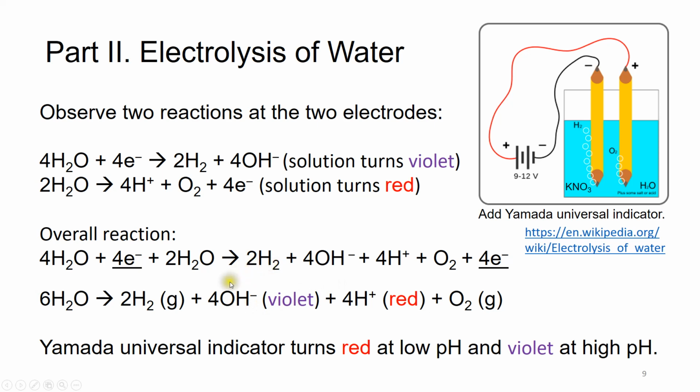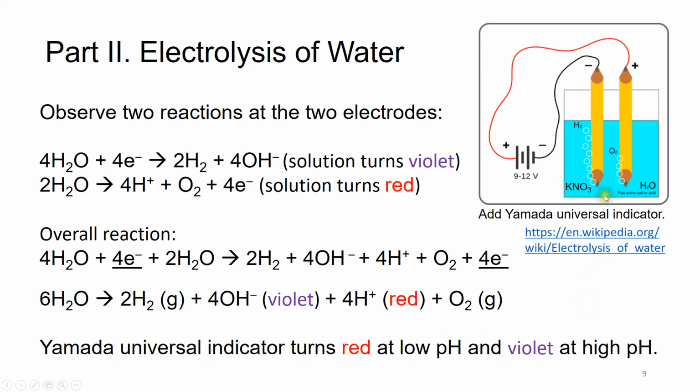So on the right-hand side we have hydrogen gas, we have oxygen gas, and also we produce hydroxide over here, and we produce hydronium over here. So that's why you're going to see different colors near the two electrodes. Again, if you add Yamada universal indicator into this beaker, it can turn red at low pH or violet at high pH.